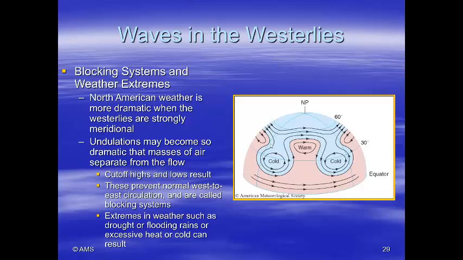And these prevent the normal west to east circulation, and they're called blocking systems. As you can imagine, this is going to bring extremes in weather, such as droughts or flooding rains, or an excess of heat or cold can result from these.